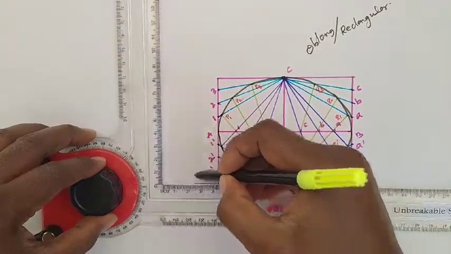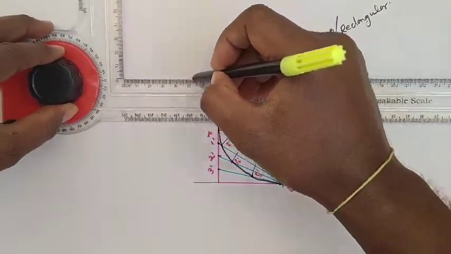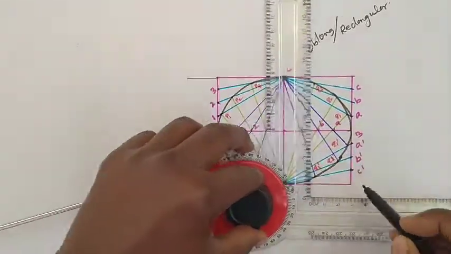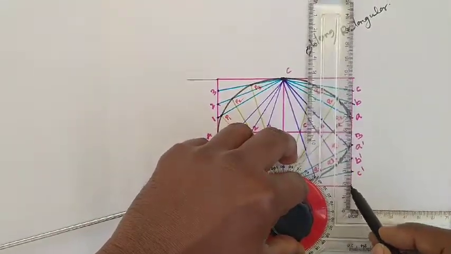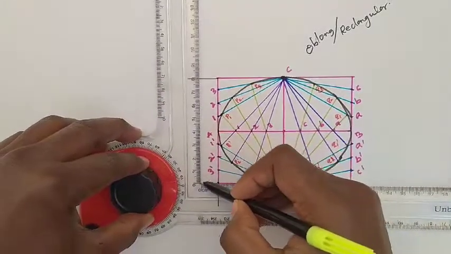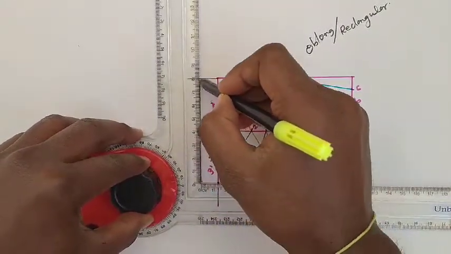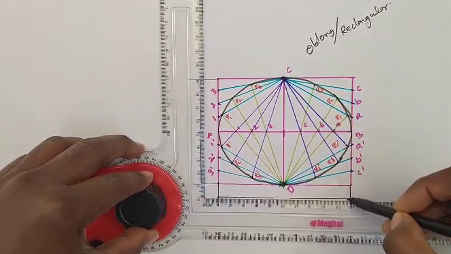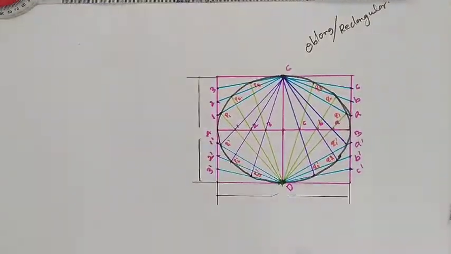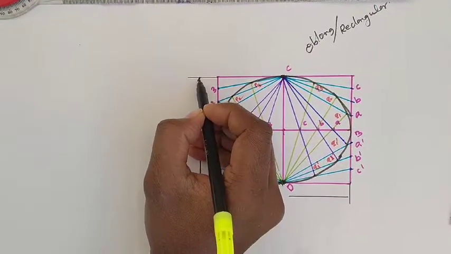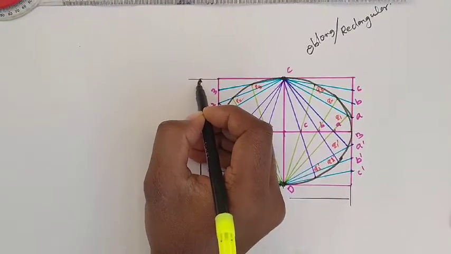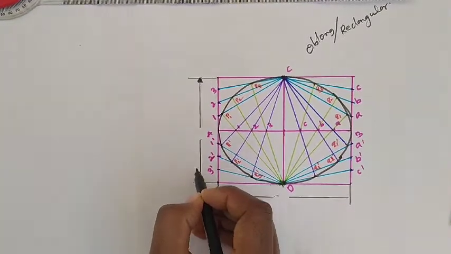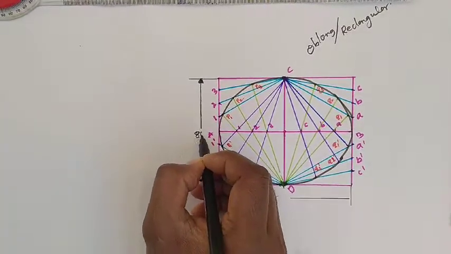Mention this height of the minor axis and this length of the major axis. The height of the minor axis is 80 mm.